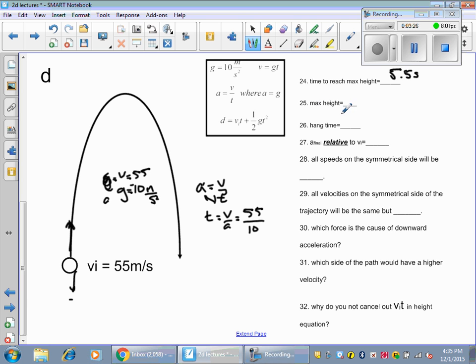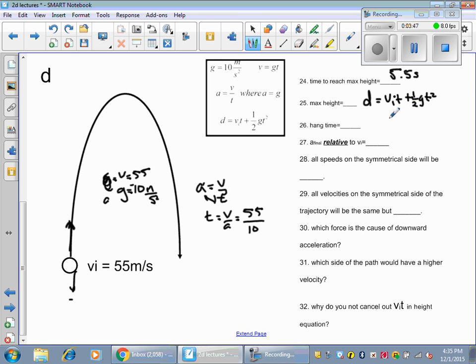Okay, the max height, now this is a d in the y direction, right? Is this 1/2 gt squared, right? No, because I have an initial velocity that's not 0 this time. So I can't cut this equation in half. Velocity initial times time plus 1/2 gt squared.